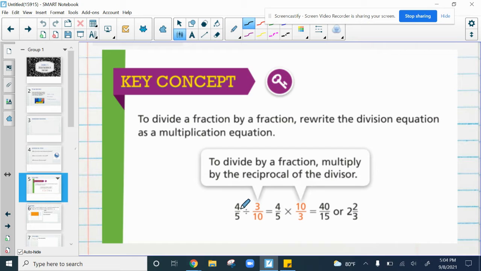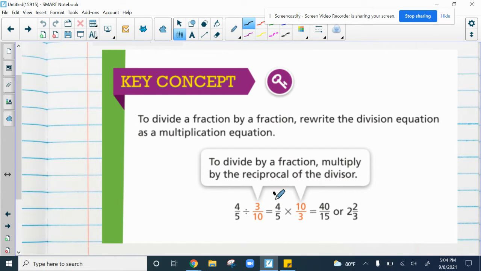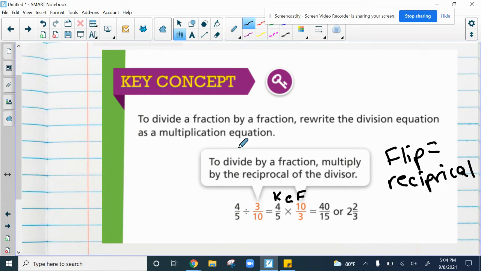So if I had 4/5 divided by 3/10, like in this example here, I would keep the 4/5 the same, change the division to multiplication, and flip the second fraction. If you remember, flip means reciprocal. So remember, if you are asked what is the reciprocal of something, that is what we are talking about.